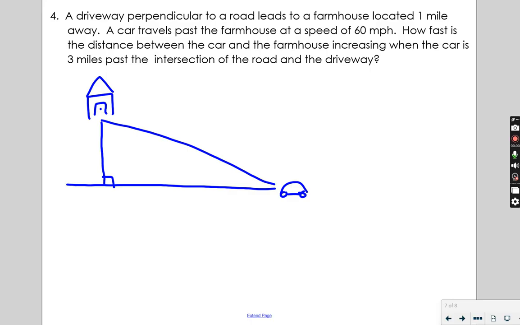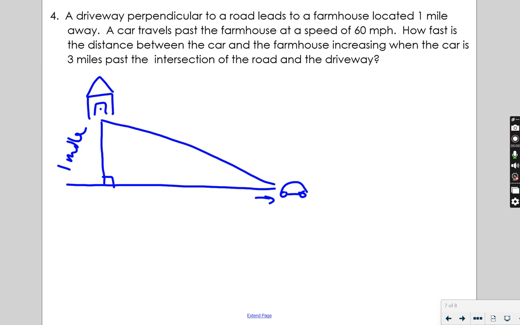They're just talking about the 3 different sides of the triangle. If this is the car driving this way, is this distance changing? Yes. What about this distance? No, this is the driveway. I'm going to go ahead and write 1 mile over there.